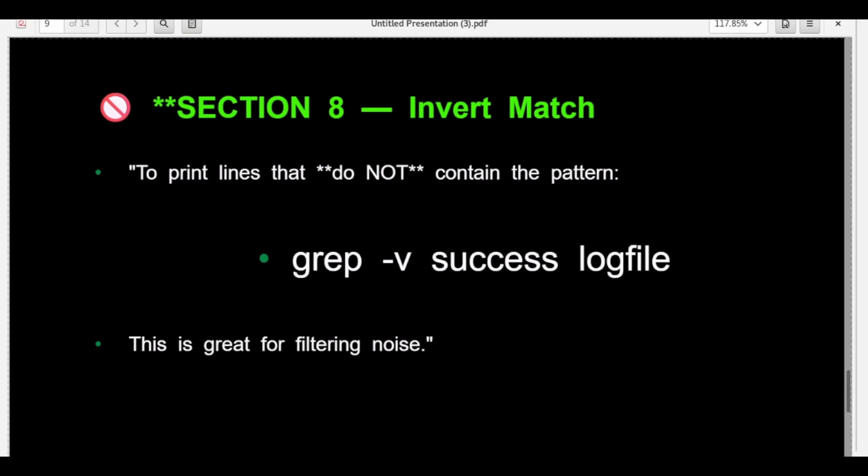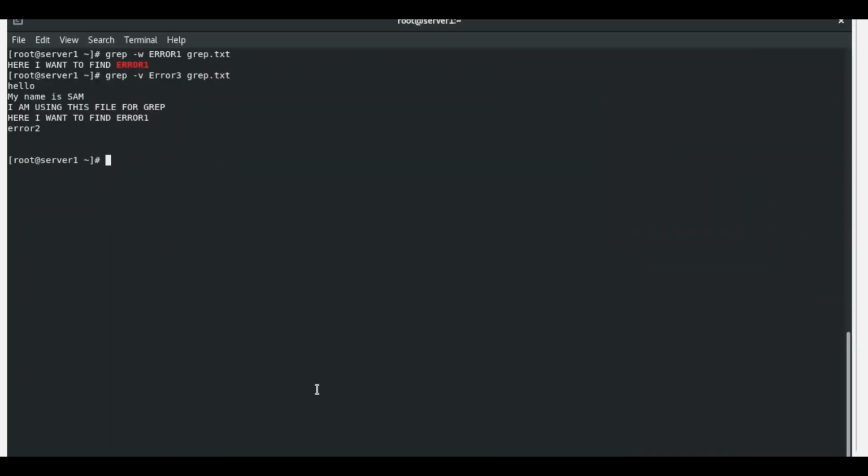In section 8, we will learn invert match, to print the lines that do not contain the pattern. The grep -v option is used to show lines that do not contain the pattern, and this is great for filtering the noise. So I open my terminal here and show you. Clear my screen.